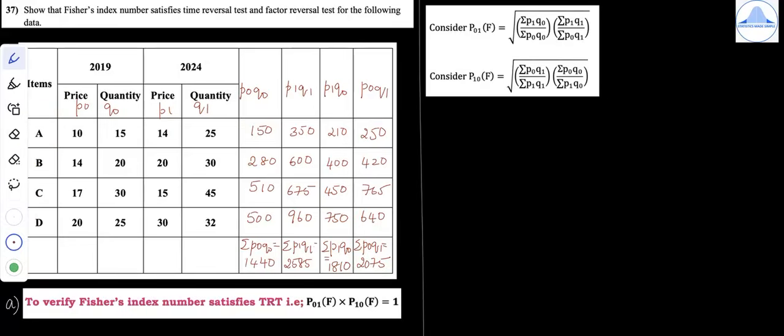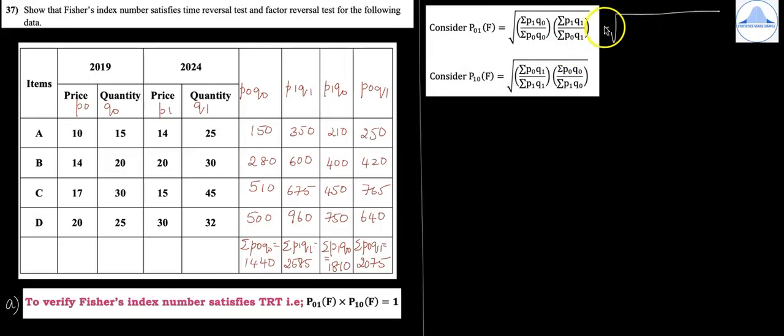So now that we have completed all the calculations, let us substitute these totals in these two formulae. So this is equal to root of summation P1 Q0. So 1810 divided by 1440 into 2585 divided by 2075.